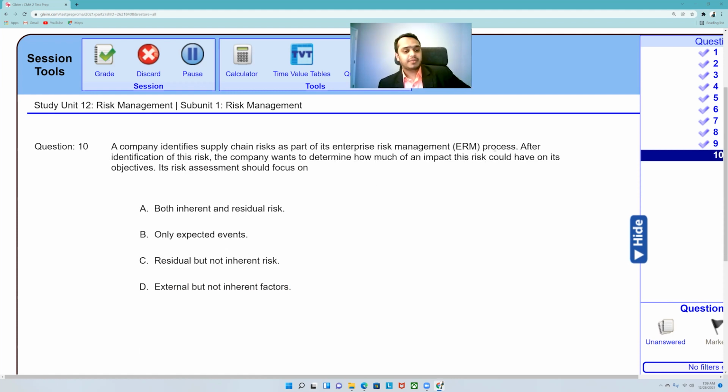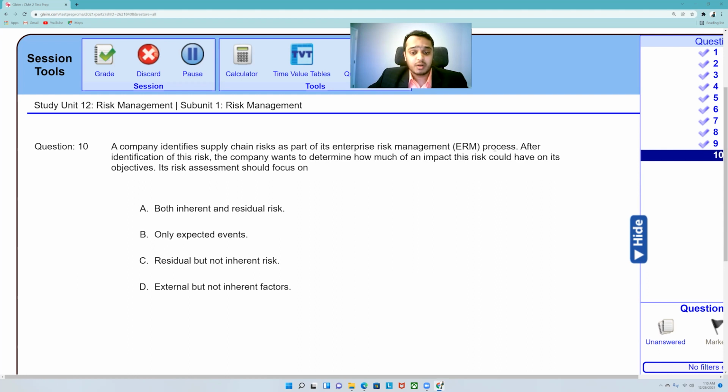A company identifies supply chain risk as part of its ERM. After identification of this risk, the company wants to determine how much of an impact this risk could have on its objectives. Its risk assessment should focus on, so where you should focus on your risk assessment.